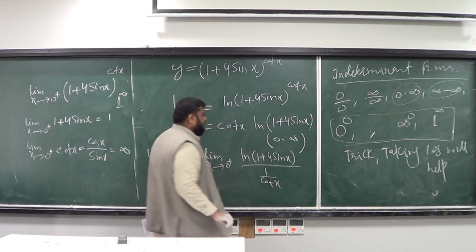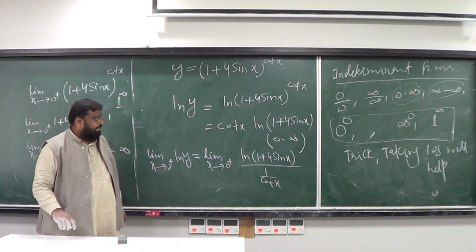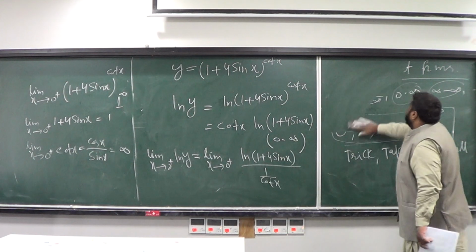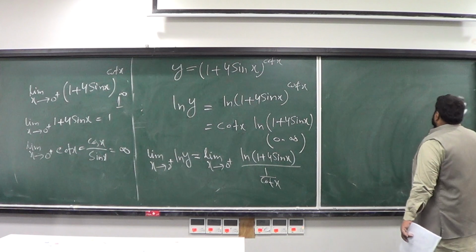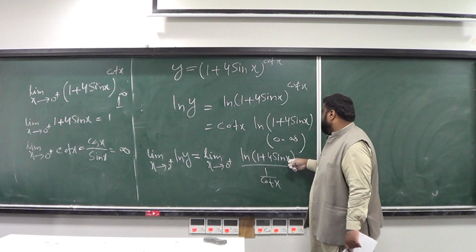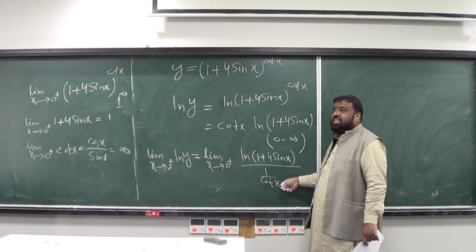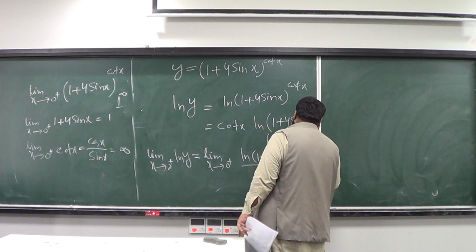Now if you substitute the limit here, this will become 0, and 1 upon cot, 1 over infinity, will also become 0. So this is now in 0 by 0 form.